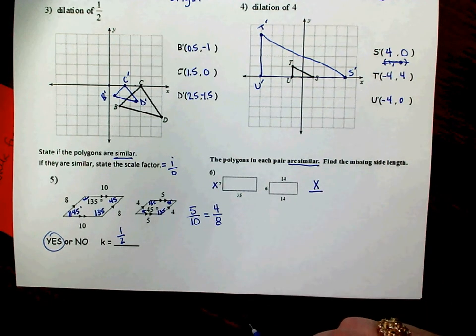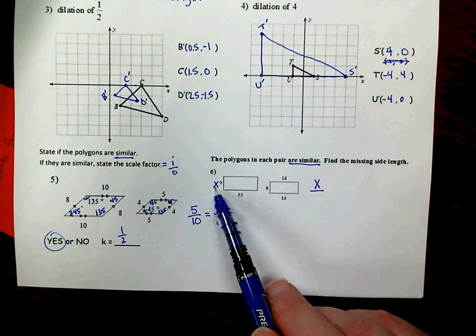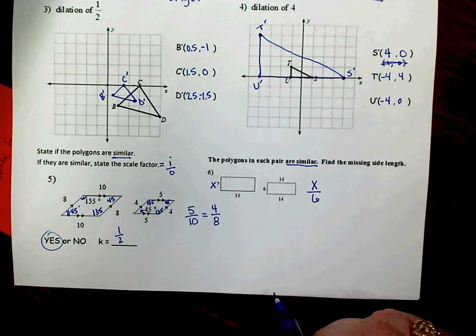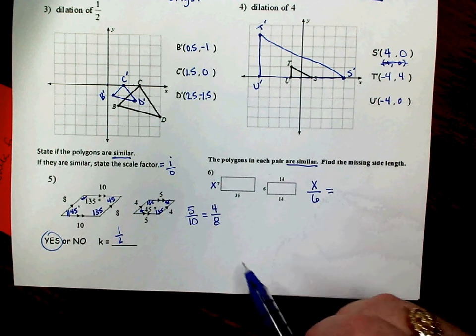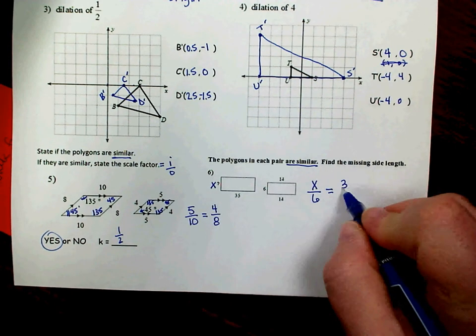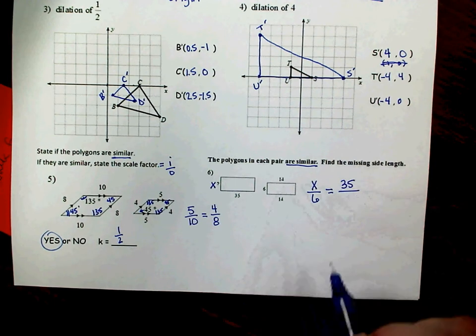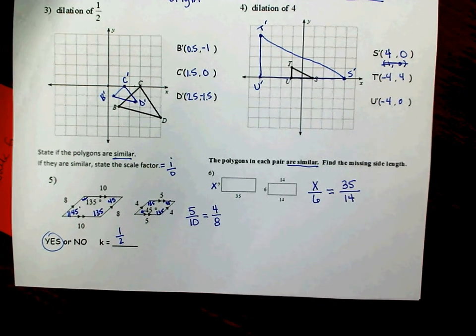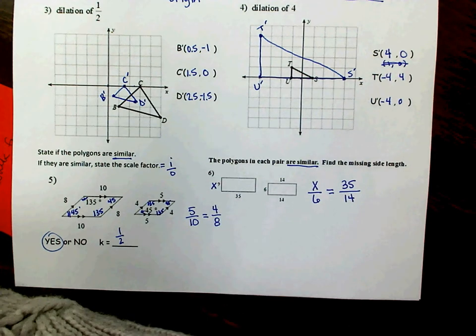What side does it correspond to? The short side of the other rectangle. In the other ratio, since I started with this rectangle, I would want to put the 35 on top, and then the other side that it corresponds to is the 14. So we would want to do our cross multiplication at that time.